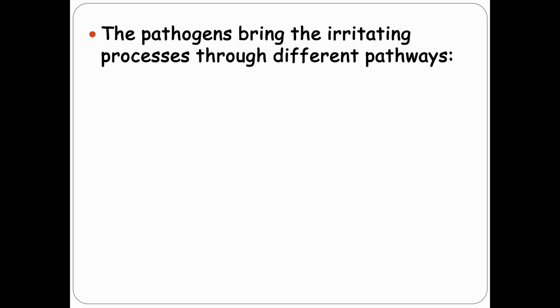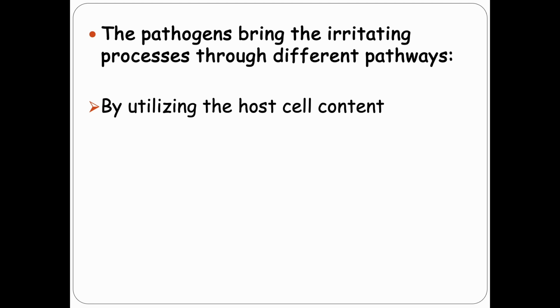Here one question arises: how does a particular pathogen bring irritation to a particular host crop? There are a number of pathways. Number one is by utilizing the host cell content.